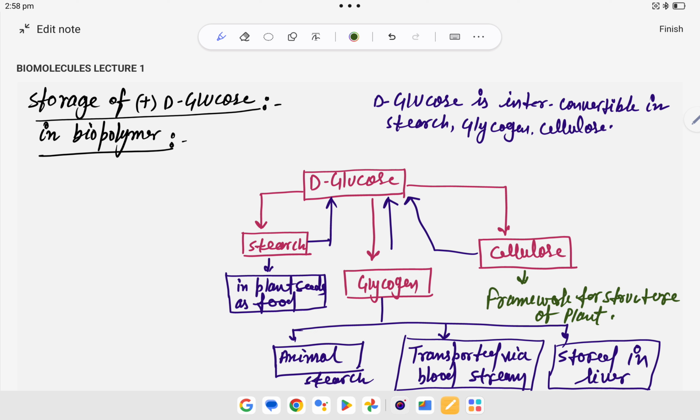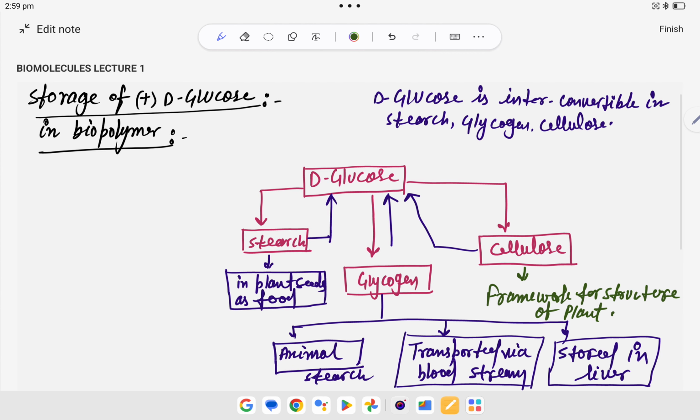Collect it properly. D-glucose, storage of D-glucose in biopolymer. It is stored in biopolymer. Biopolymer means starch, glycogen, cellulose. Starch in plant seed as food, glycogen animal starch transported via bloodstream, stored in liver, cellulose, framework for structure of plant.